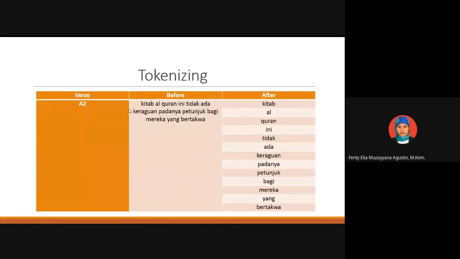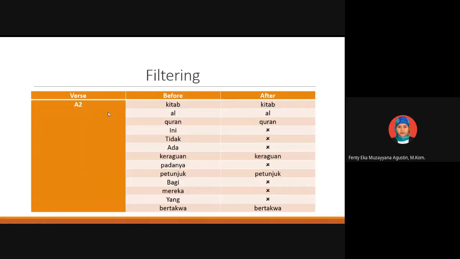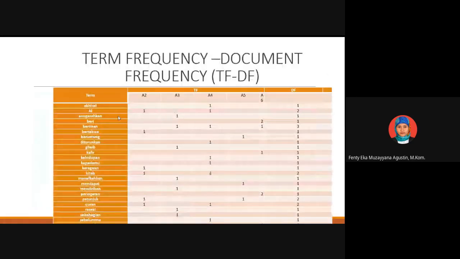Every word we assume is a token, and then we filter the tokens: the words or terms that are often used in other verses but have no special meaning, we delete or drop. And we count the term frequency and document frequency.